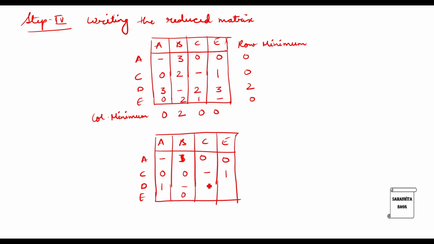This will be 1, 0, 1. This is 0, 0, 1 dash. So now let's calculate. Okay, let's write this separately over here. So now I will again do the same technique of calculating penalty for 0.